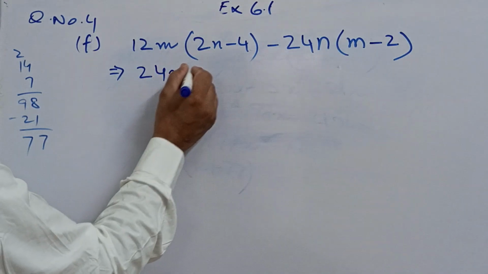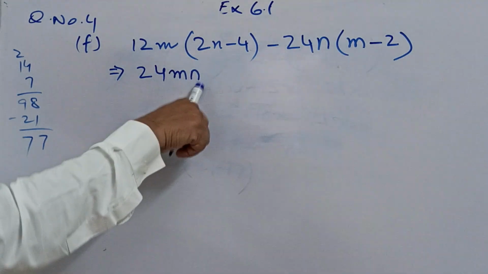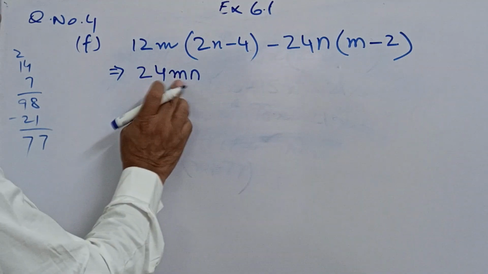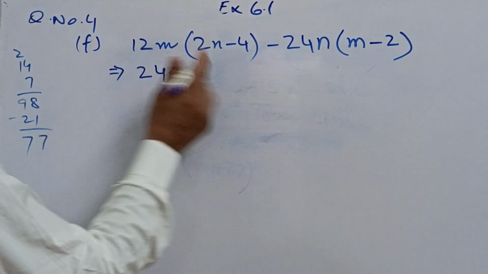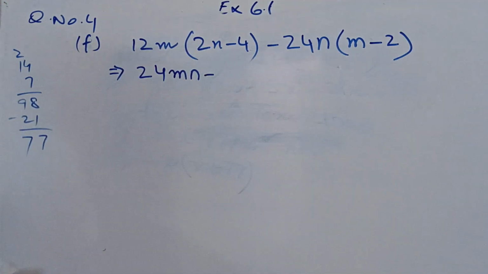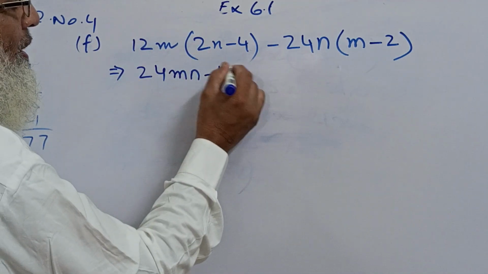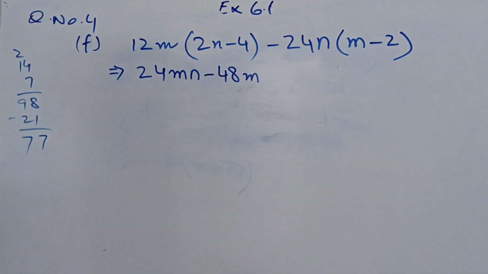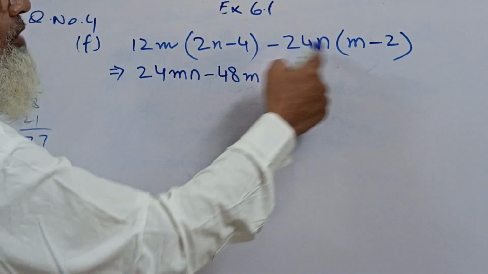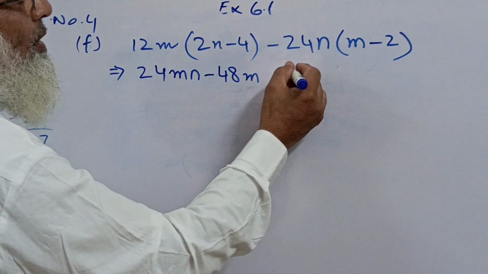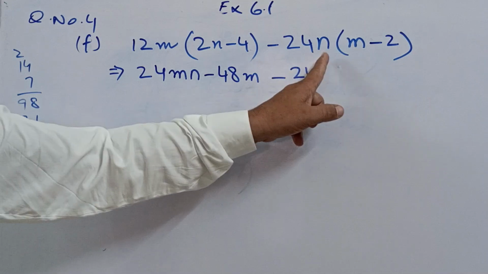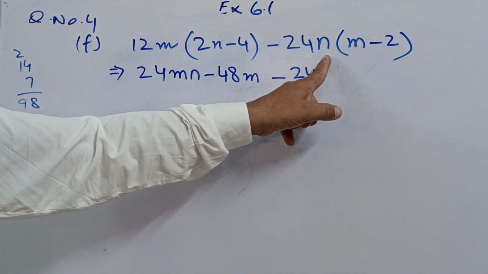It can be written like this: m and n together will be written as m multiplied by n, and similarly minus sign, and 4 times 12 is 48m. Similarly minus 24mn, and you see that now n is coming at the first place.